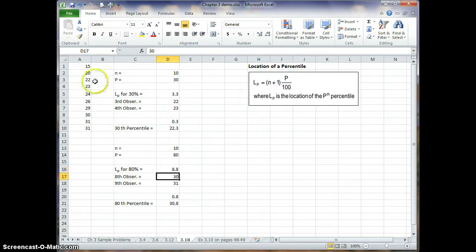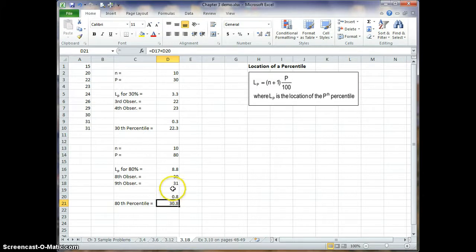And then the 8th observation, 1, 2, 3, 4, 5, 6, 7, 8, is 30. The 9th is 31. So down here, I'm just taking 0.8 times the difference between the 9th and the 8th. So 0.8 times 31 minus 30. And so the 80th percentile is 30.8.